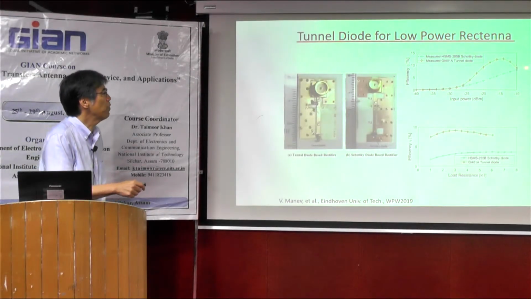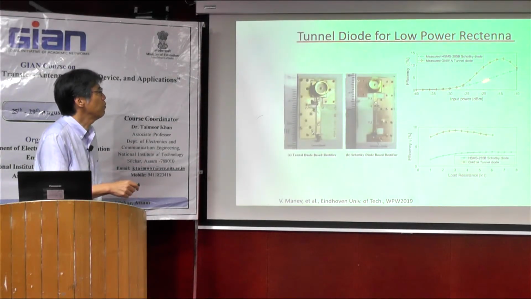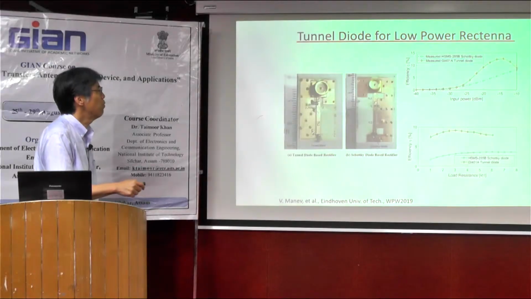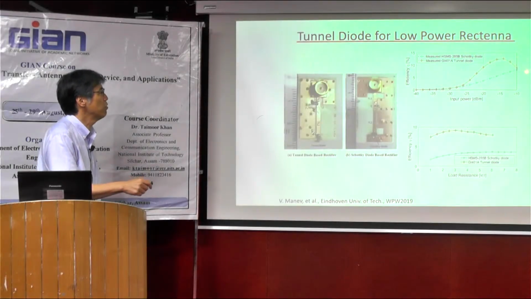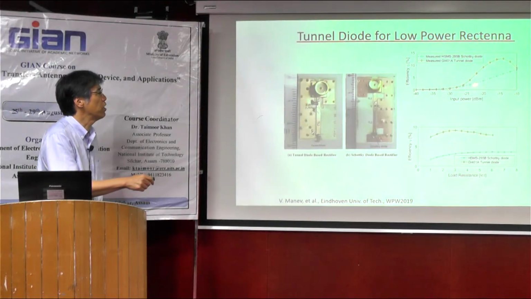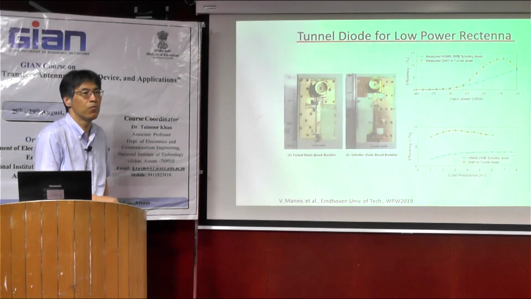at high power, the efficiency of the Schottky barrier diode becomes high. But if we choose a tunnel diode around here, efficiency becomes higher than the rectifier with the Schottky barrier diode. And of course, it depends on the diode parameters.